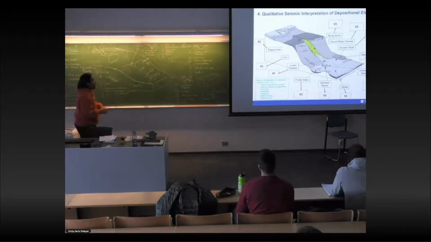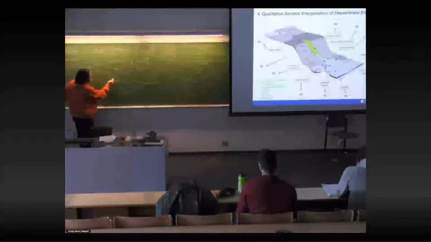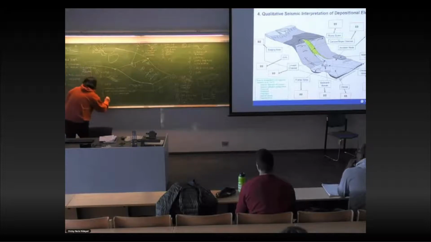For the frequency, I could say this is low, because this layer above is sometimes not continuous, just a local layer in this slump. So we can say this is low frequency.